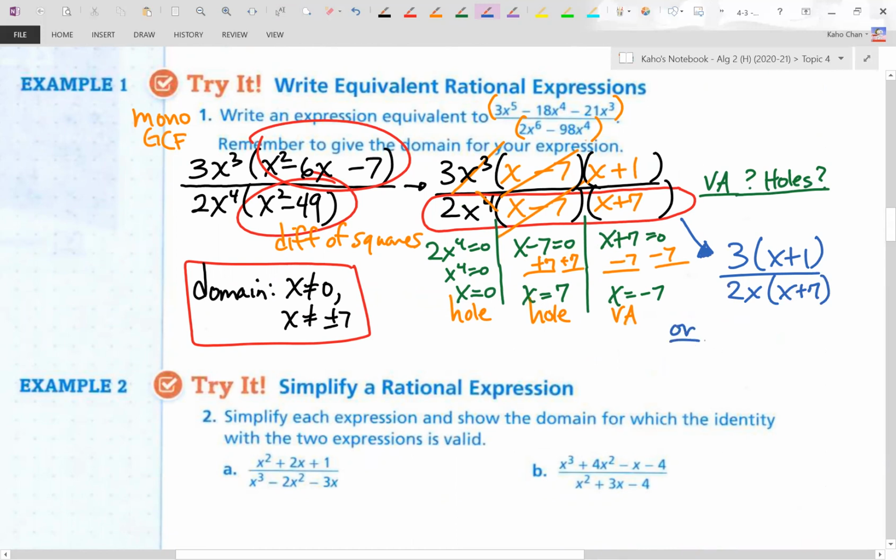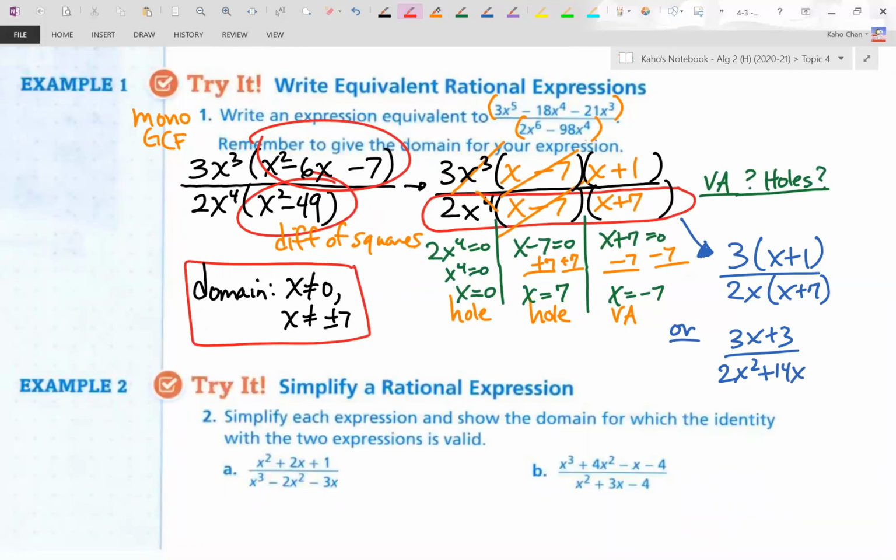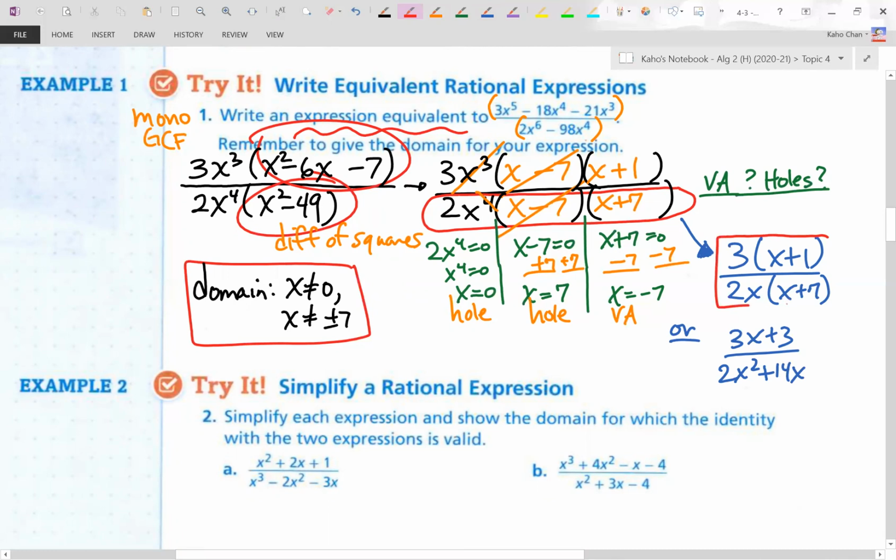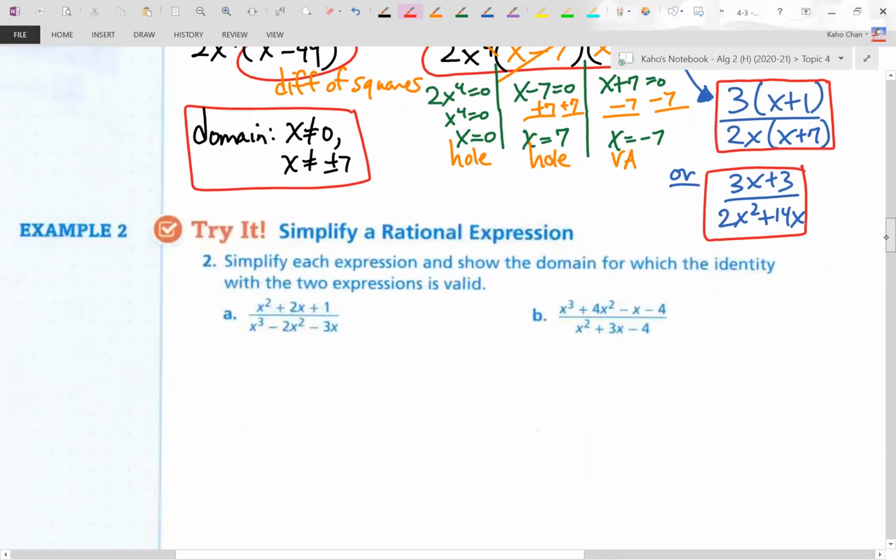Sometimes people simplify this whole thing, get 3x plus 3 over 2x squared plus 14x. So if you were to ask to simplify them, oh, I did. Duh. Right, an equivalent to that. I guess they wanted us to simplify. There they are. Here's this one. Or that one. All right, there it is. Good thing I double checked. A little embarrassing there, make a little mistake.